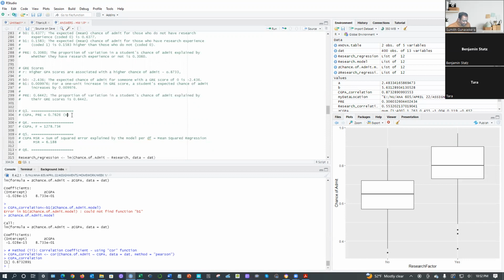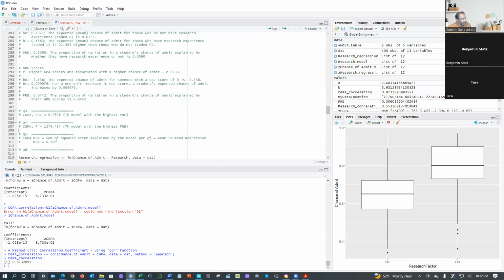You can say the model with the highest PRE. This one, the model with the highest F. And this one, obtain prediction for the following: which model explains more variation per degrees of freedom?